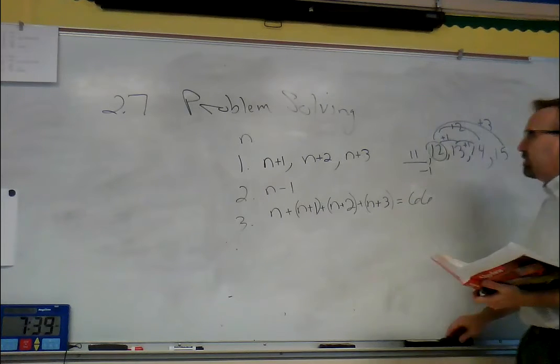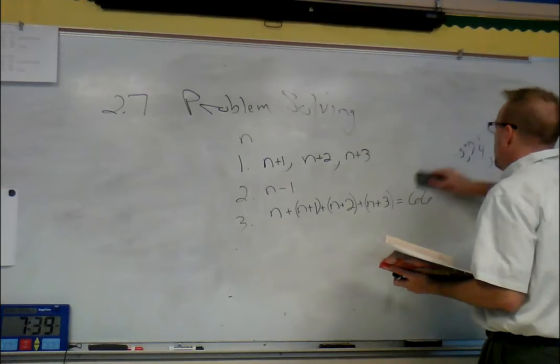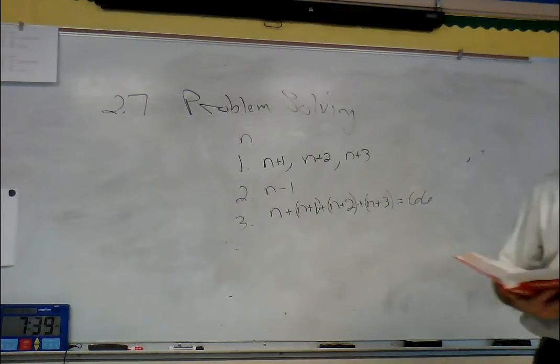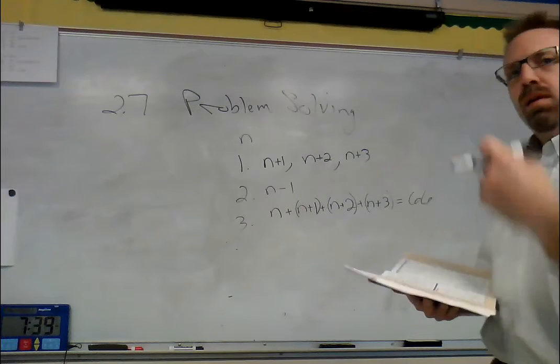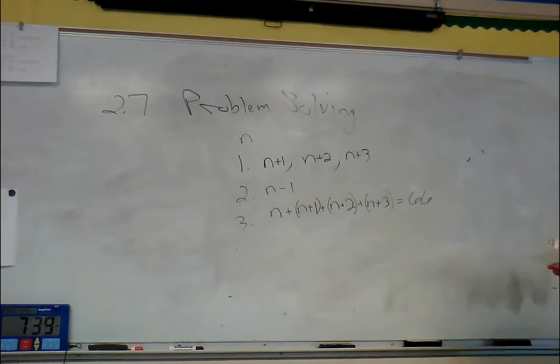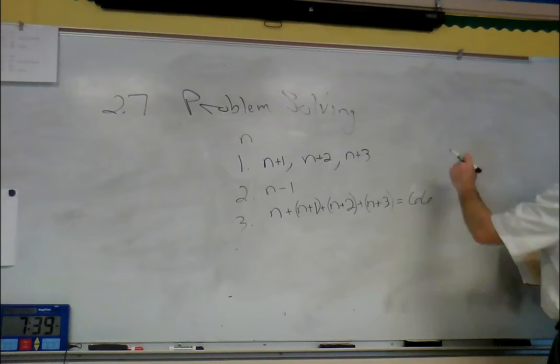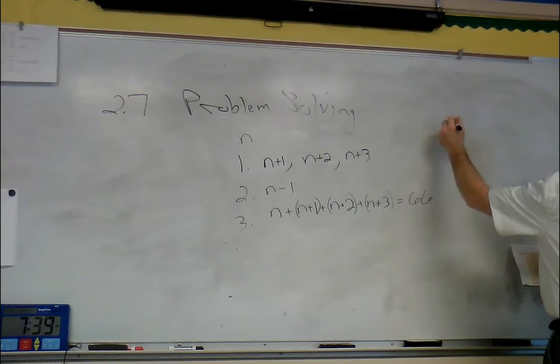Okay, so let's do another. Example 2. It says solve over the given domain. So we're going to set it up, and then they give us the possible choices for the answers. It says the sum of 3 consecutive odd integers. So I'm not even going to worry about the rest yet. So 3 consecutive odd integers. Our first one, let's say, is n.